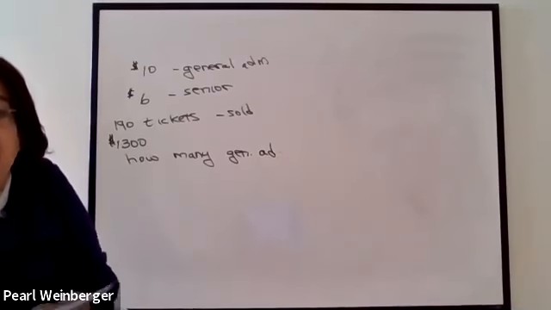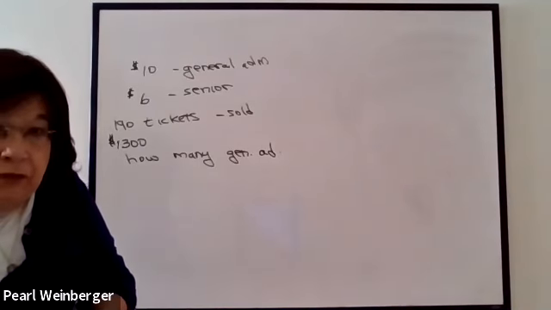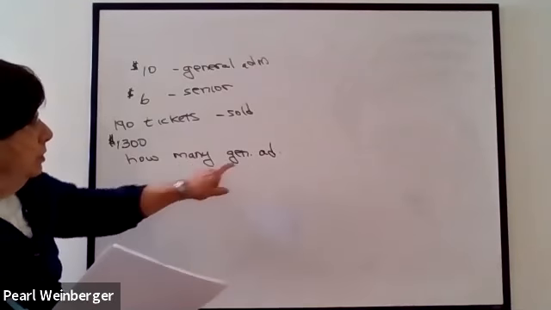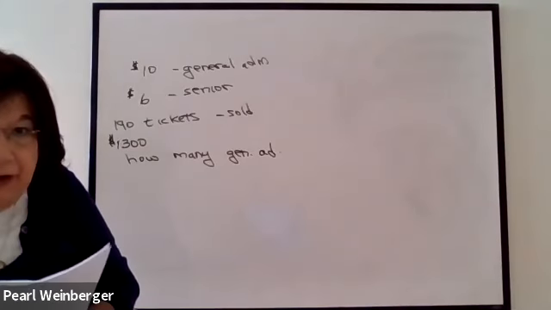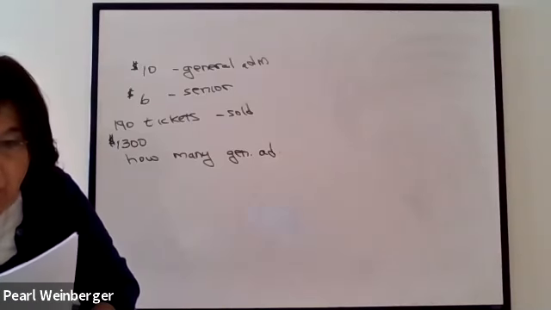Kim, there are two types of tickets that were sold, so you have to indicate how many of each type were sold. Well, I want to know, you were saying 40 general admission tickets were sold. Okay, great. We'll see if that's the correct answer.